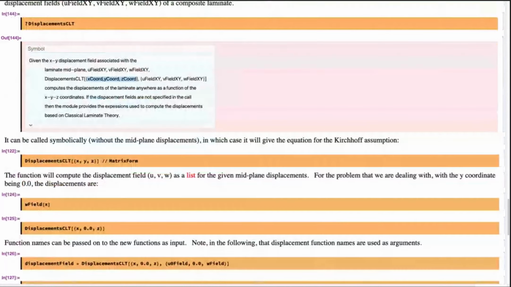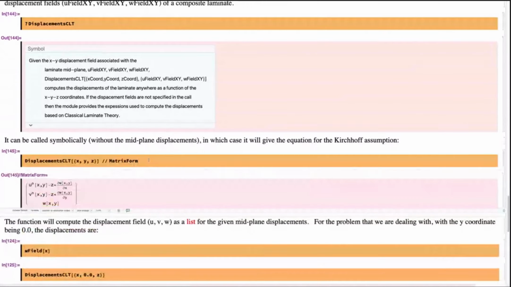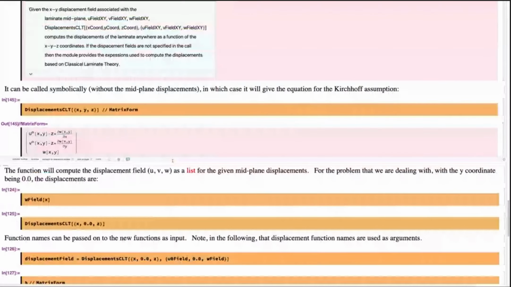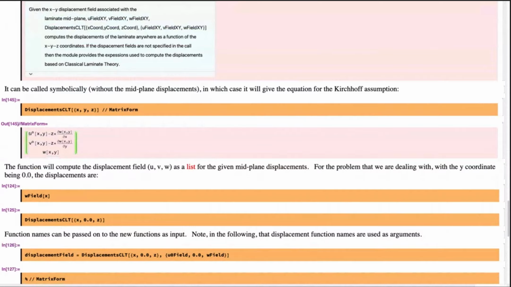So it can be called symbolically. And if you call it symbolically, it will show actually what your assumption was. That displacements are mid-plane displacement minus Z times, that's Z coordinate, times partial W partial X. In this case, Y's are actually zero, so it will become dW dx.